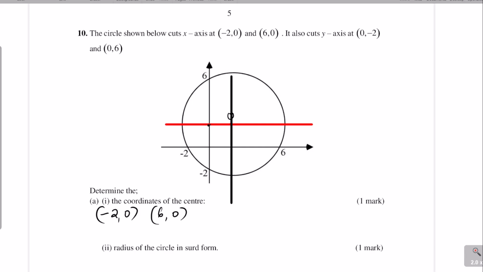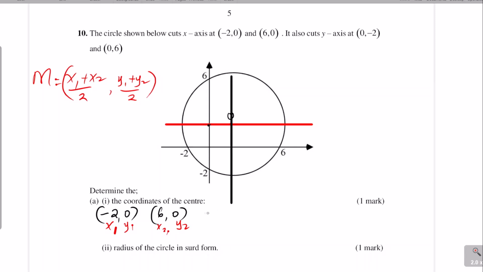This is how we get it, assuming that this is (x1, y1) and this is (x2, y2). The midpoint is obtained by (x1 plus x2) divided by 2, (y1 plus y2) divided by 2. That's how we get it.